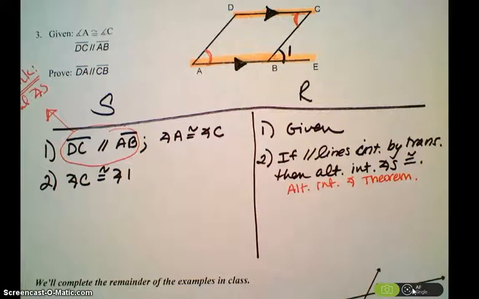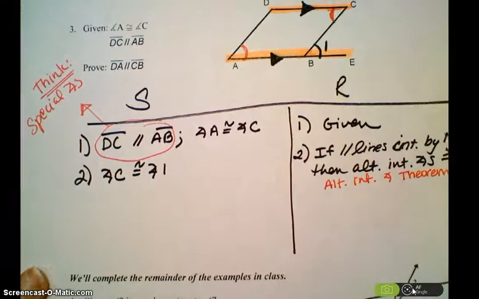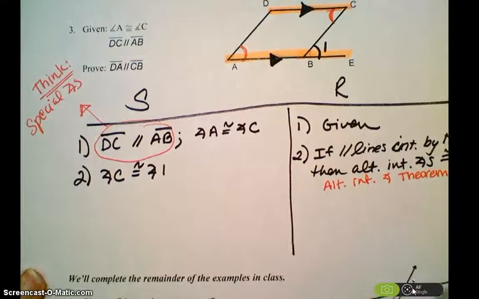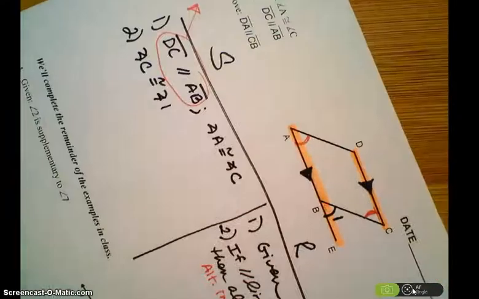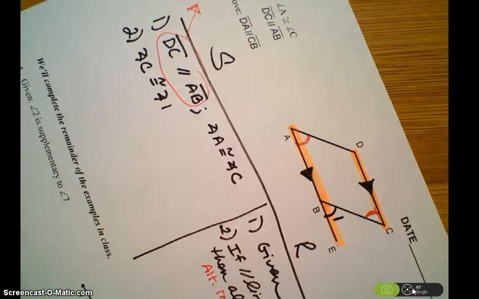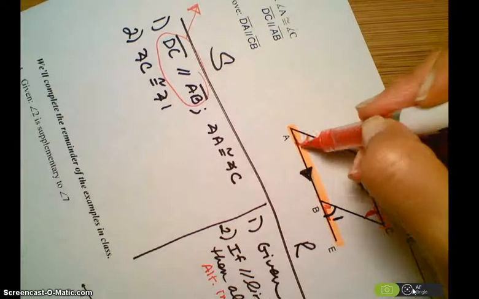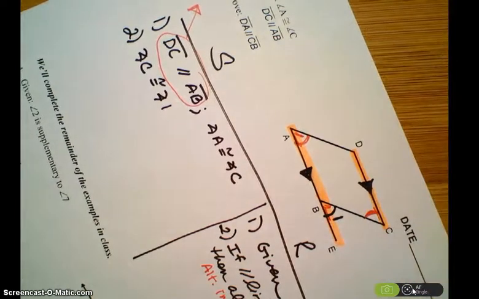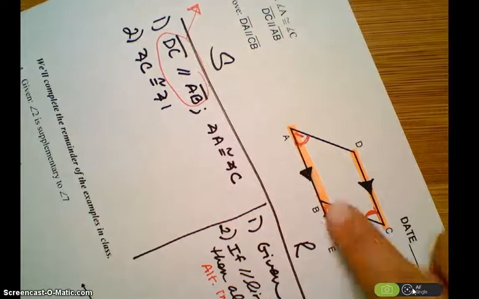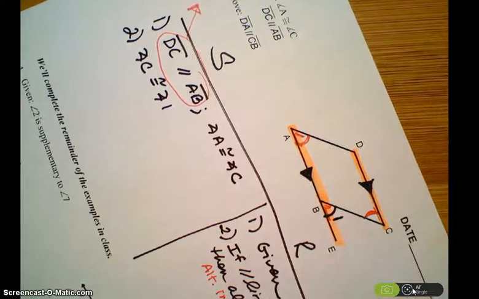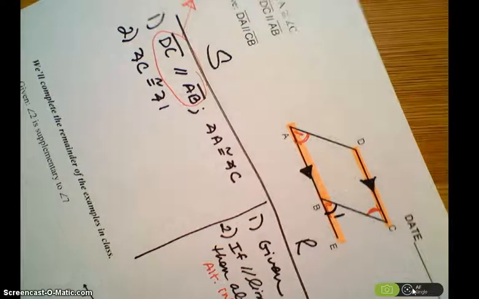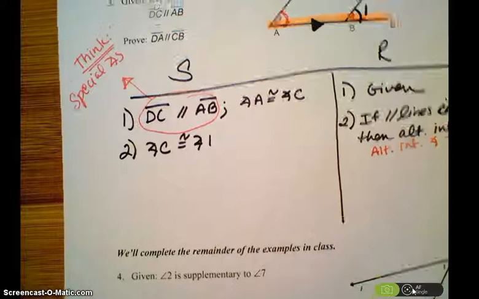So, with that being said, we take a look at our picture and what's marked at this point. And if you tilt your picture, you should be able to see a nice little F happening. Do you see that F happening here? And when we have an F occurring, that's corresponding angles, and if we check it out, those corresponding angles are now congruent.